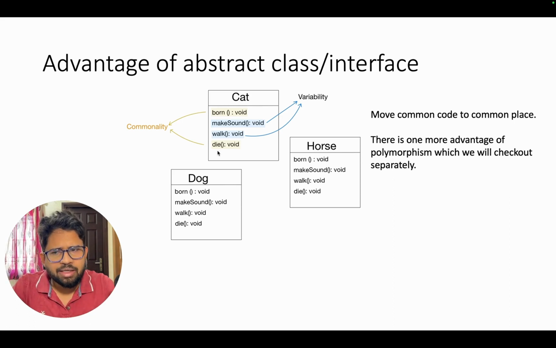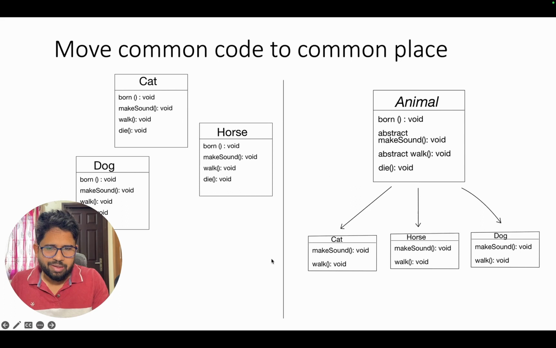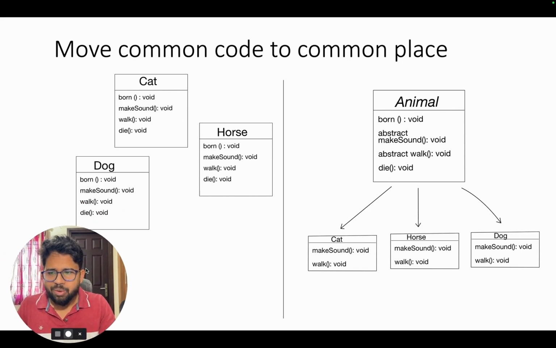So the first and the last will be commonality, and the second and the third would be the variability among the classes. So once you decide that, it is better to move the common part to the common place and the different part to the different place. So let's see how it will look like.